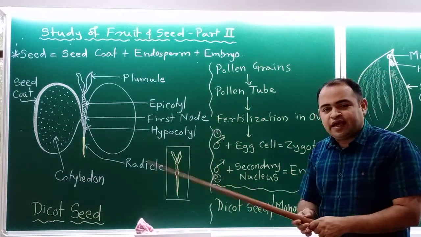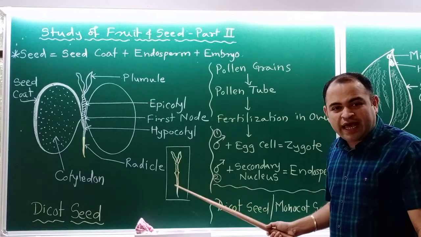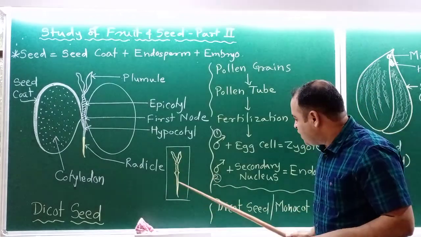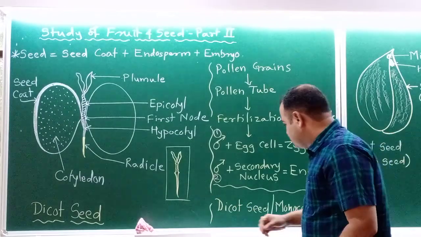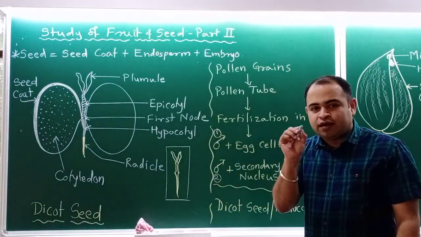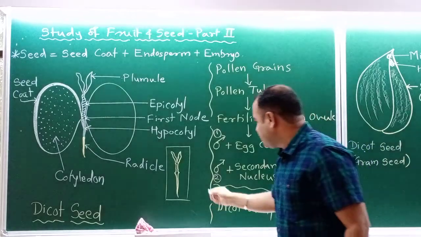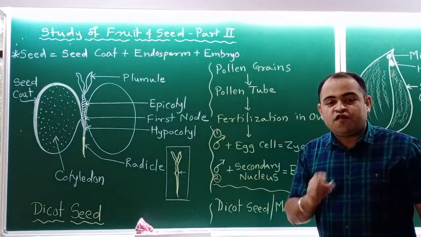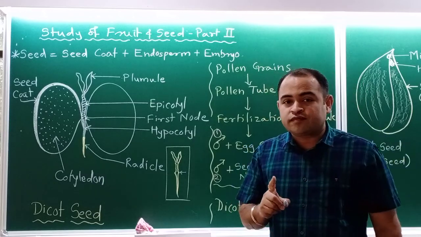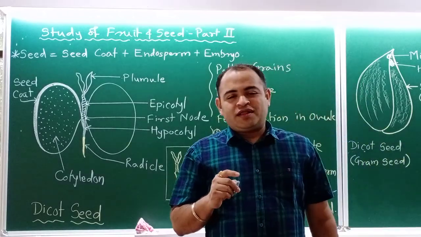Once again, I can take you to the embryonal axis, because you need to understand this very well. So this is the notch part. Now I'll simply put a small arrow over there. So this is the first node. Why is it called the first node? Now let me tell you.